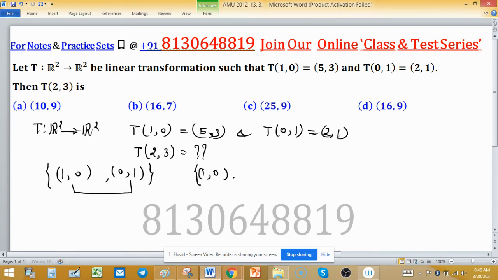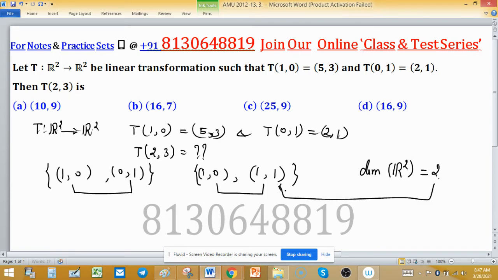You can see that (1,0) and (1,1) is another basis for this set, because these two are independent and the number of independent elements equals the dimension of the domain vector space. The dimension is 2 and this set contains only two linearly independent vectors, so they will form a basis.